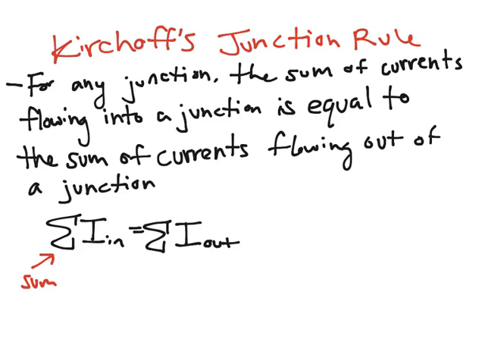So, if we are talking about a circuit, what we mean is for any one junction. So we could say that this right here is a junction where our current is flowing in this direction and then it splits.